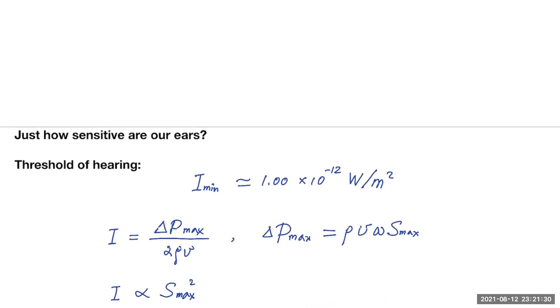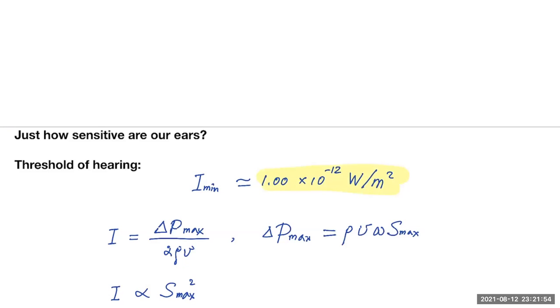According to research, a normal pair of human ears can hear something as faint as 1 picowatt per meter squared. Okay, so this is the lowest intensity signal that we can possibly hear for a normal pair of ears, 10 to the negative 12 watts per meter squared.